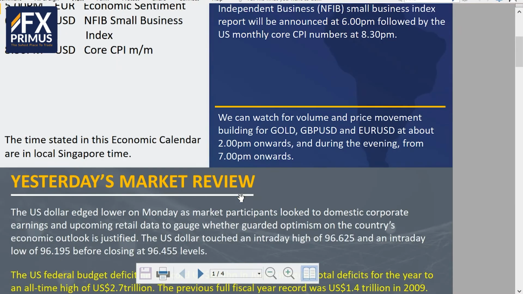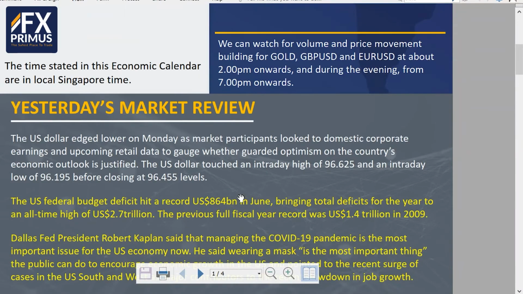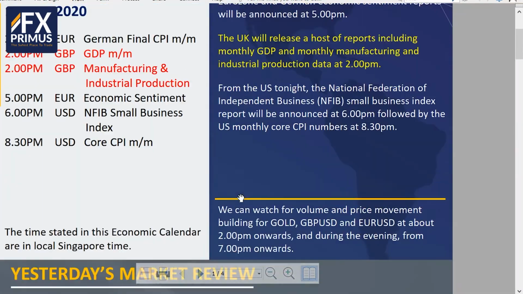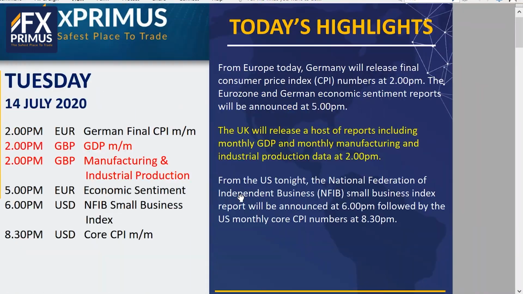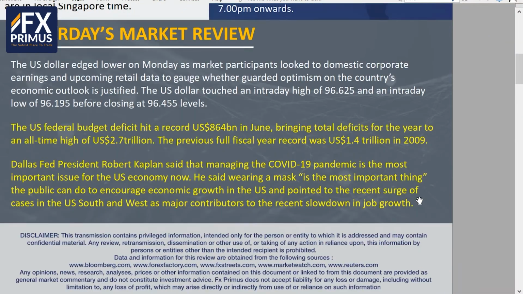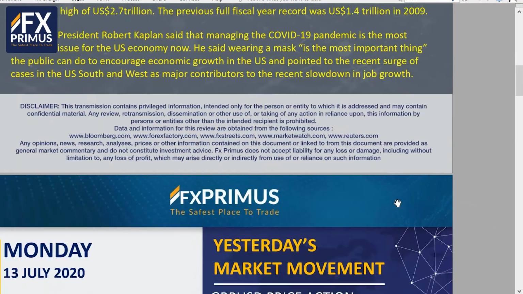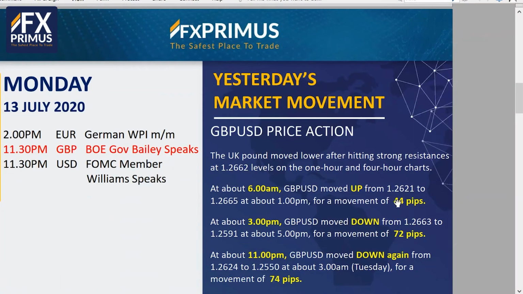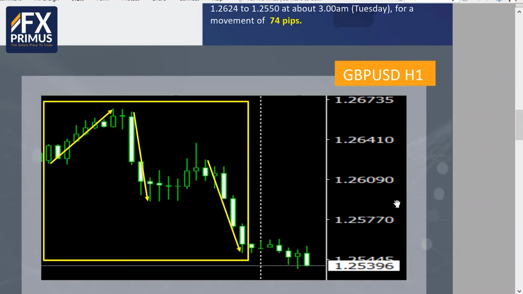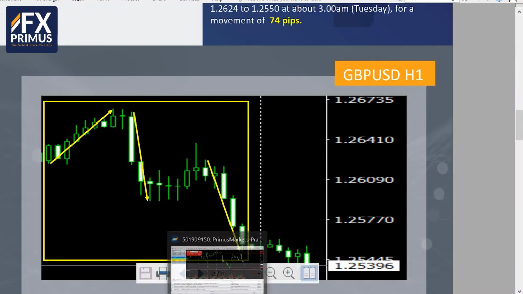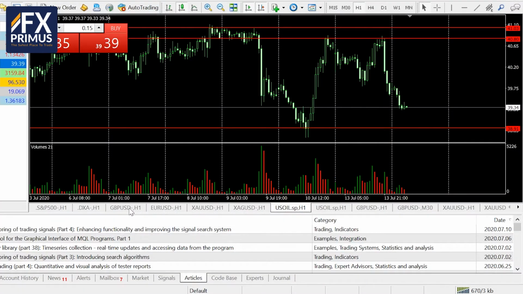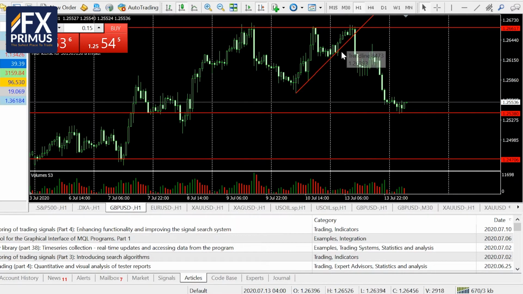If we look back at the economic PDF outlook, the market outlook, besides the economic calendar on the first page and the second page, we had events and news. Towards the third page, we have analysis on the UK pound, which pretty much summarizes what I'm doing now on the MT4 charts, analyzing the timing and direction of the price action.